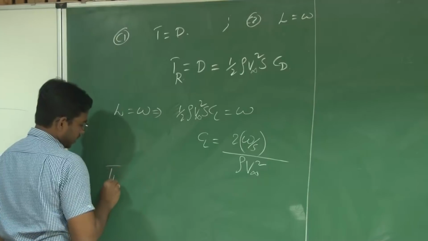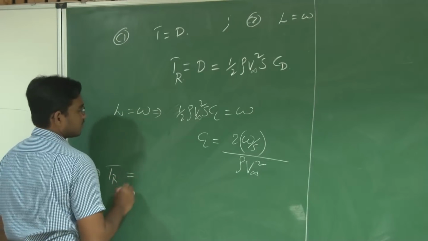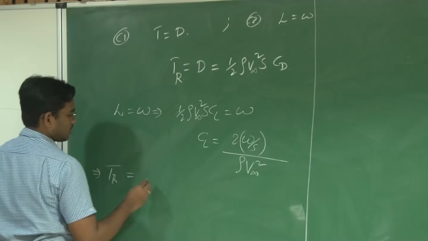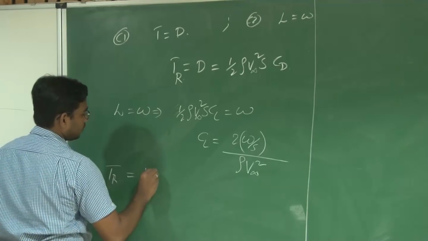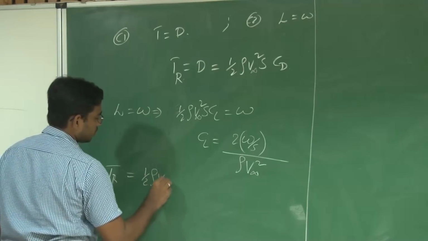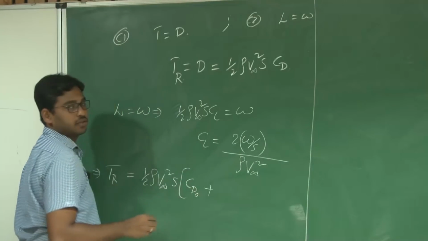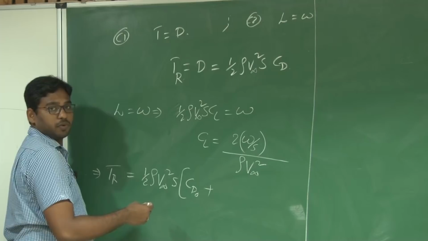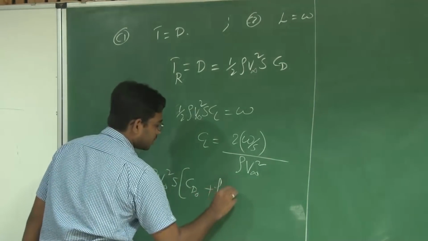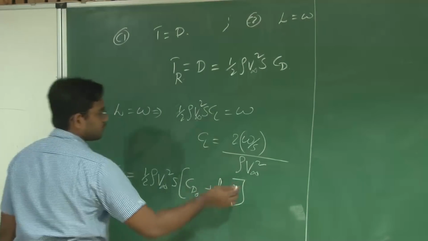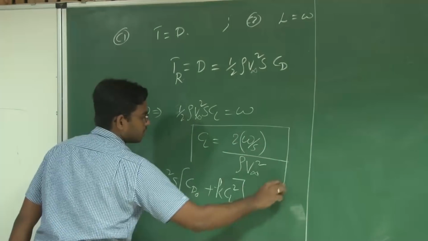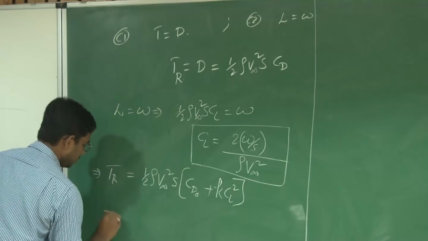Now thrust required is equal to half rho V infinity square S into CD. We express CD in the form of the drag polar, CD naught plus K CL square. So you can get CL from here and substitute this CL in this equation.